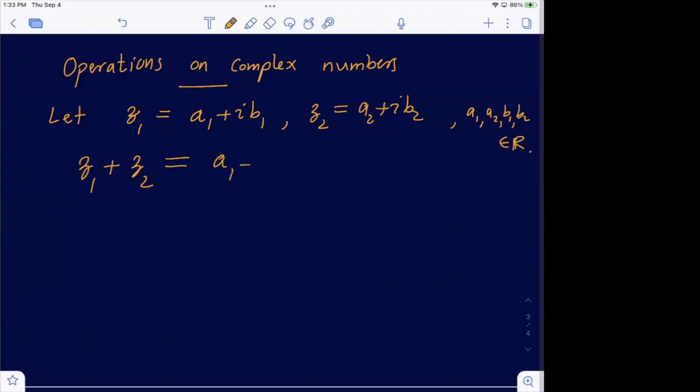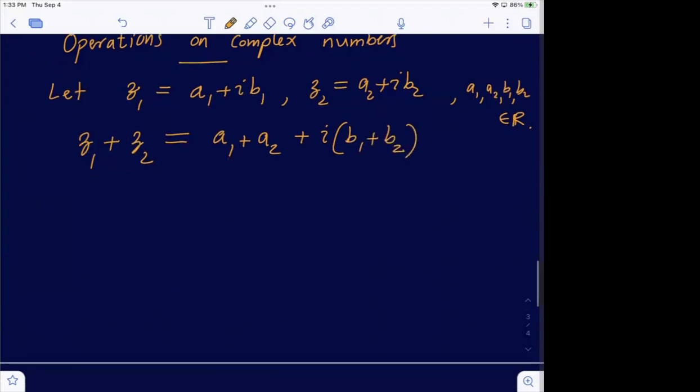If you add two complex numbers, you should expect the addition of the real parts together and then the addition of the imaginary components separately, multiplied by i. And then Z1 minus Z2 is obviously A1 minus A2 plus i times B1 minus B2.